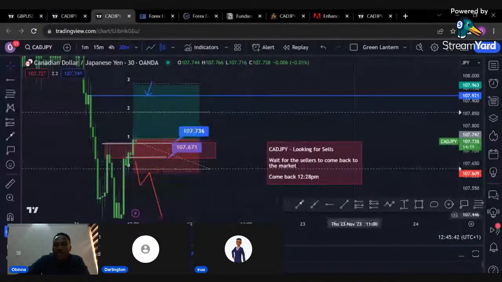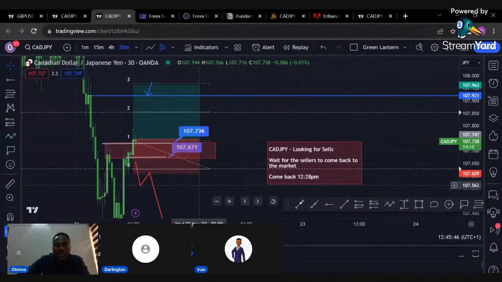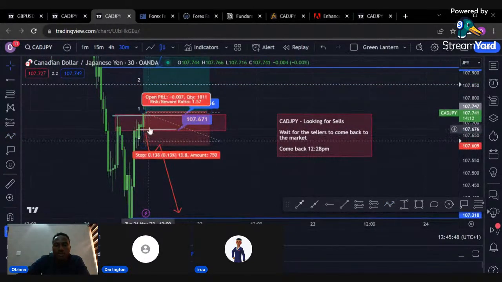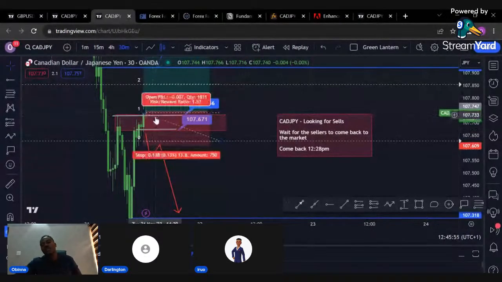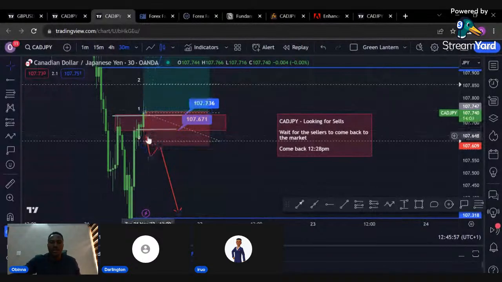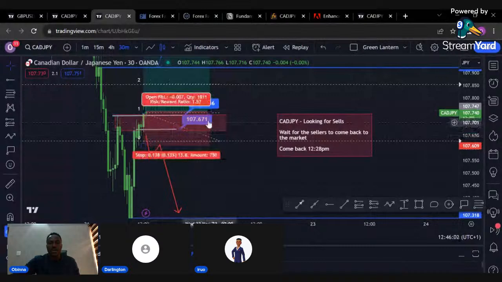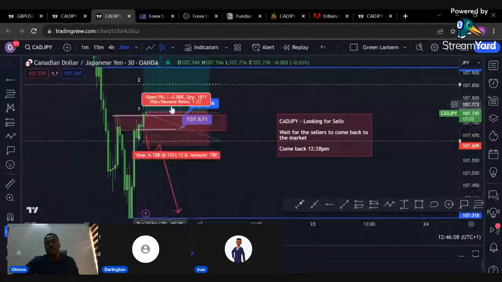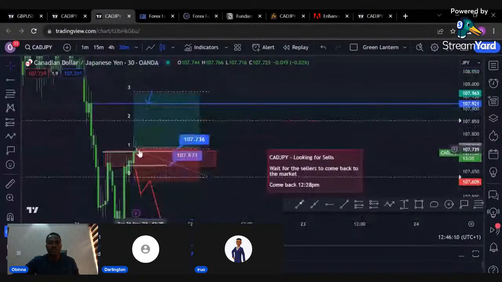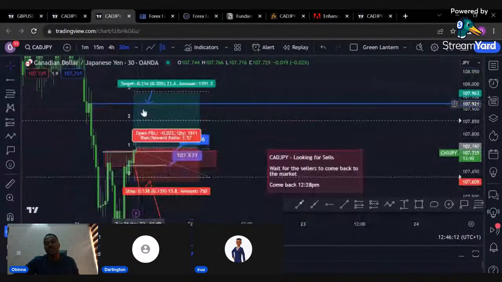I've explained before that if I'm going to take sells, then I need to see the strength of the sellers coming into the market, at least 30 minutes. I need to see that this area, 107.671, is broken so that I can take it down to this place. But for now, it's just a small counter trend that I'm looking at here.